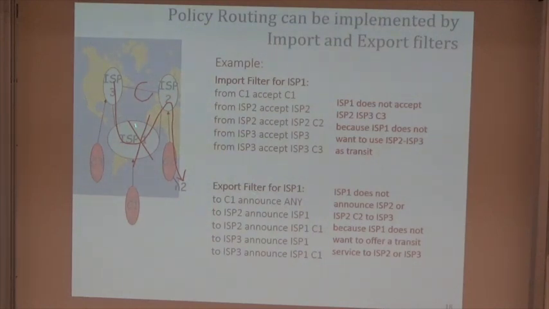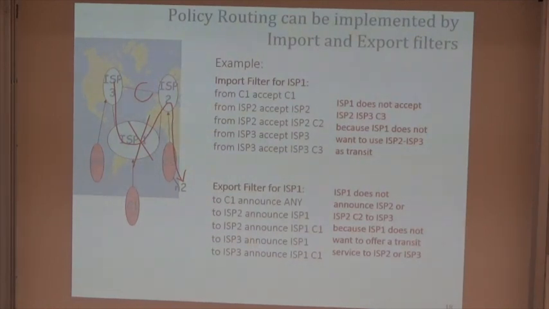Similarly, ISP1 doesn't want to serve as a transit for the guys that do not pay to ISP1, so it would not export to ISP3 a route like ISP2 C2 or ISP1 ISP2 C2.